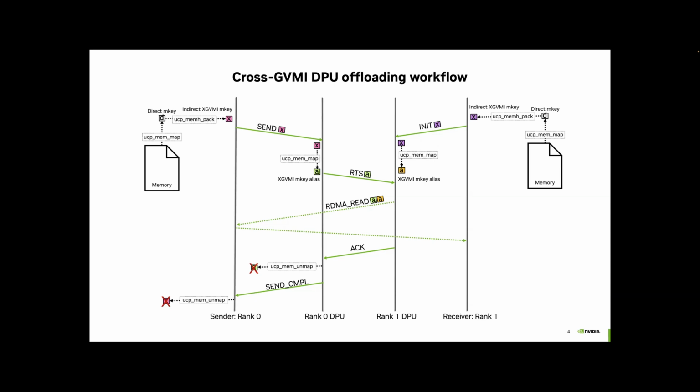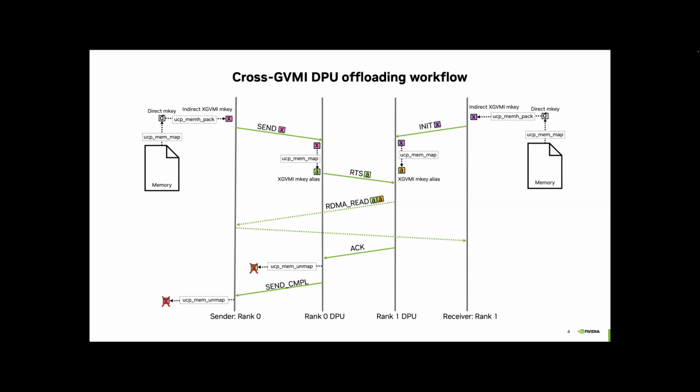Next, we want to export this direct memory key to the DPU side, so that it can initiate DMA operations on behalf of the host. For that, we invoke the UCP memh pack function with the export flag, and underneath this call does two important things. It creates an indirect memory key, and then it allows cross-GVMI access on it.